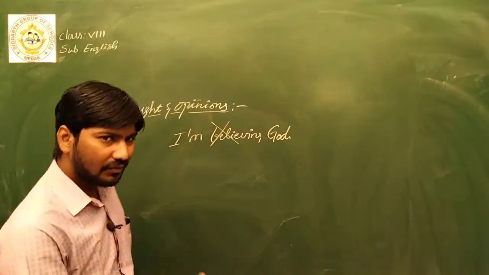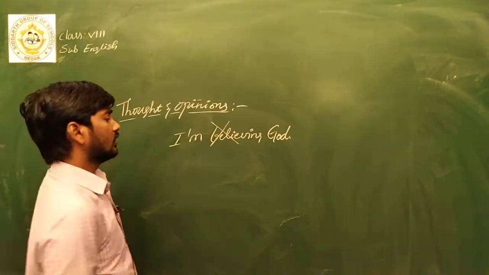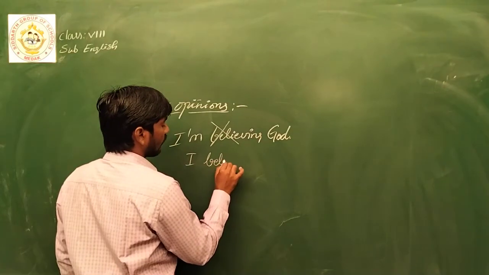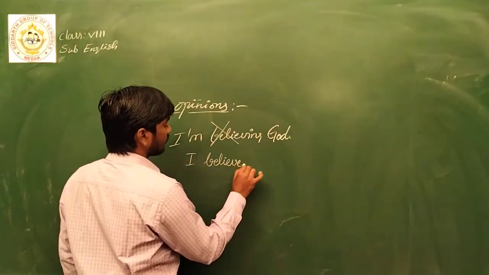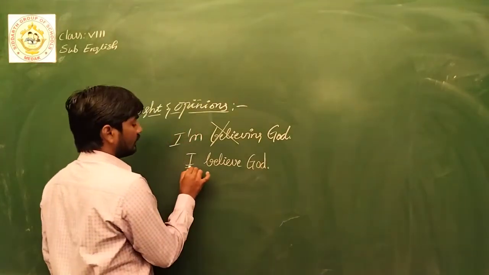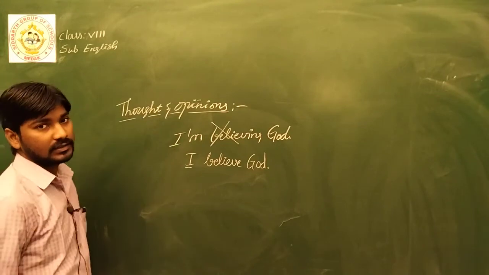It is a feeling or an emotion or a thought and opinion. It will go on forever. So we have to use only simple present tense: I believe God. Subject, V1, object. That is thoughts and opinions.